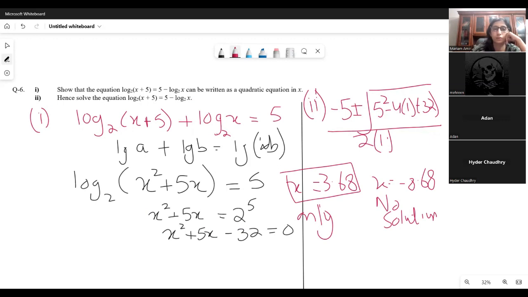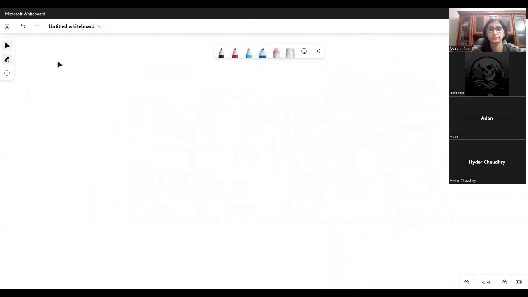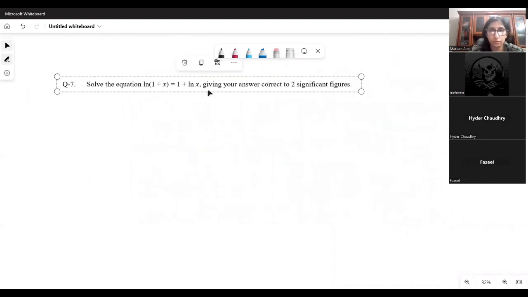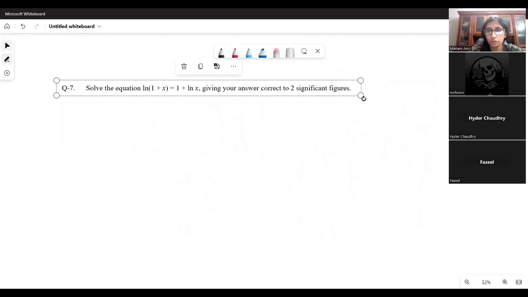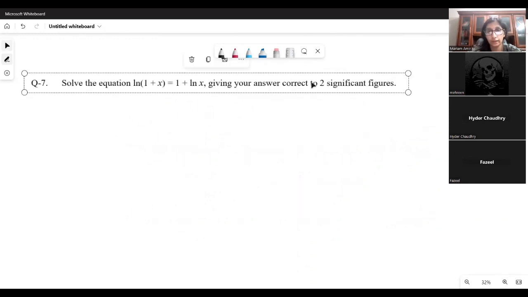Let's do question 7 and then we'll call it a day. Okay, can you guys try doing this on your own? And tell me if you're able to do it, and especially tell me if you're not able to do it.